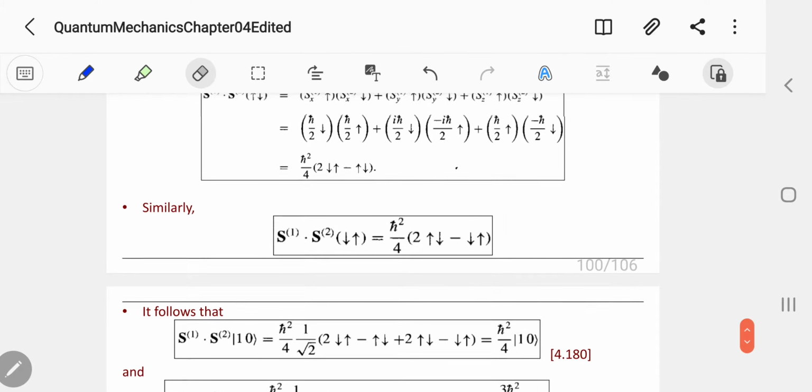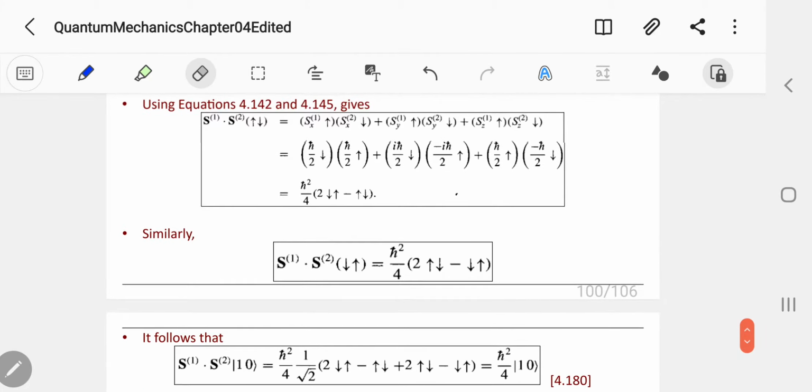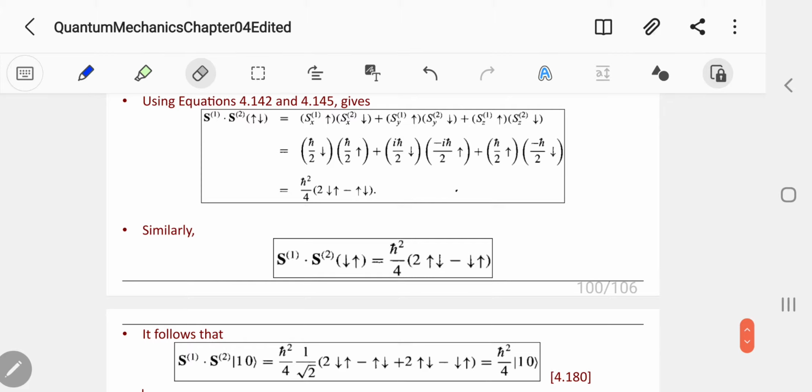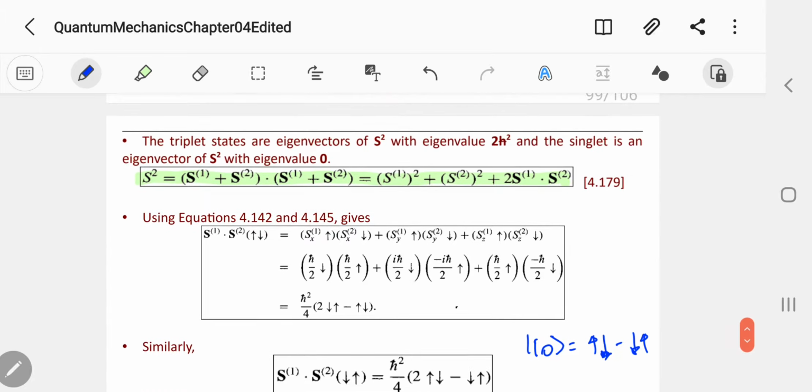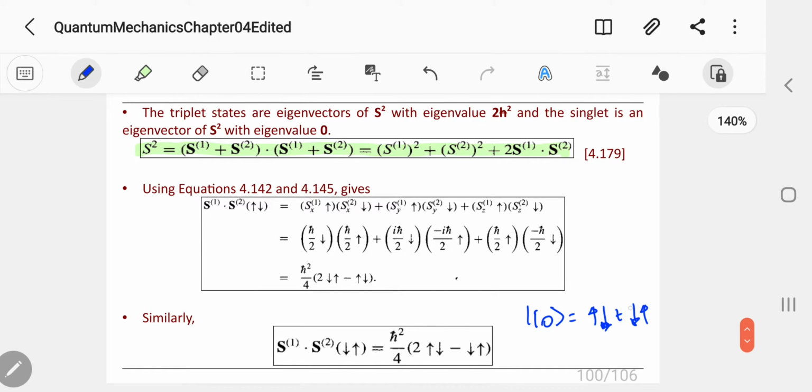So therefore, for S1 dot S2, this is, what is this? This would just be equal to this one minus that one. Look, it's plus, sorry.